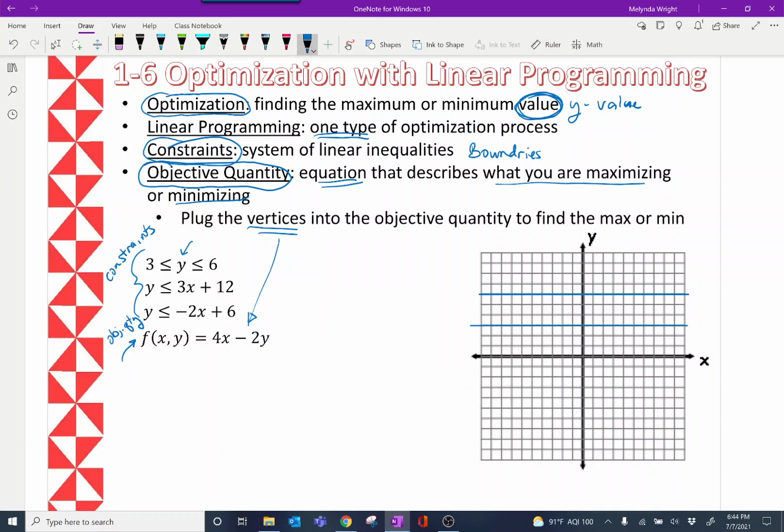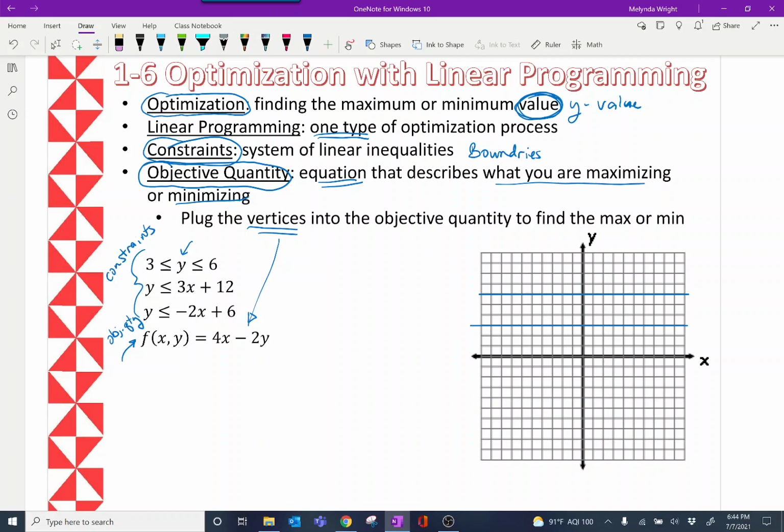So we know y needs to be between there, so we're really looking at this area in here. Okay, that's what we're looking at. Now I need to graph our other lines, so let's get rid of that for right now. So that's the first one.